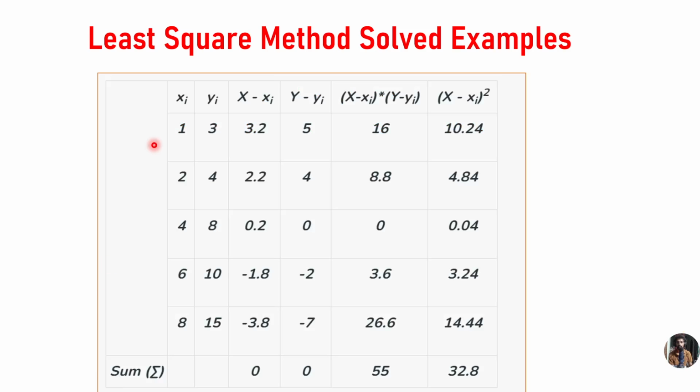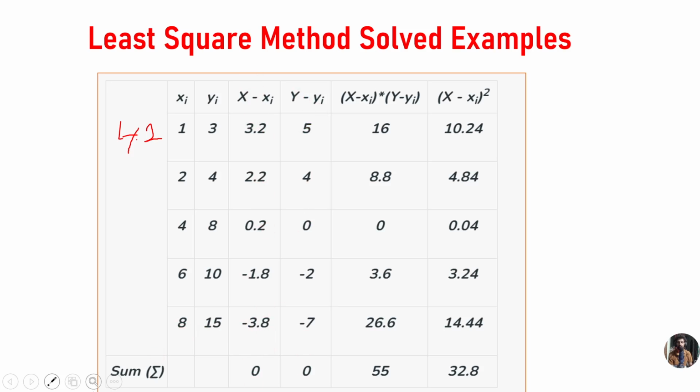So when x is 4.2, 4.2 minus 1 is 3.2, 4.2 minus 2 is 2.2, 4.2 minus 4 is 0.2, and so on. The last one is 4.2 minus 8, which is minus 3.8. So this is called x minus xi.